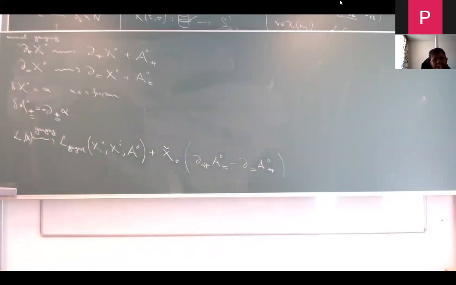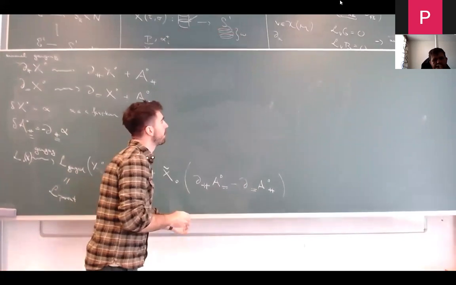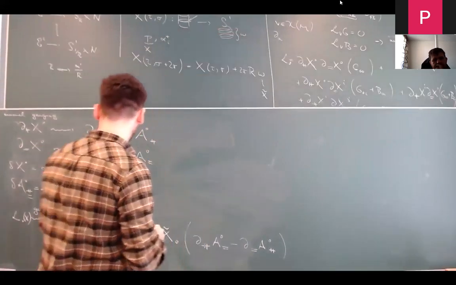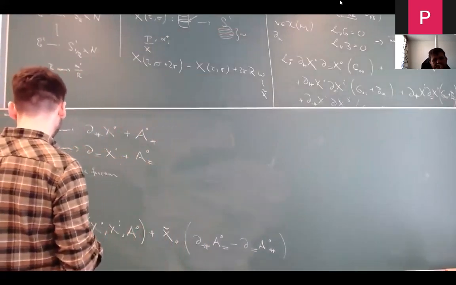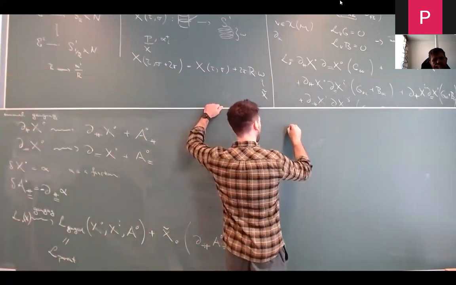The reason is that now I have this Lagrangian, this whole thing, I'll call it parent, and it has this sort of hierarchy with the original Lagrangian in the following sense.